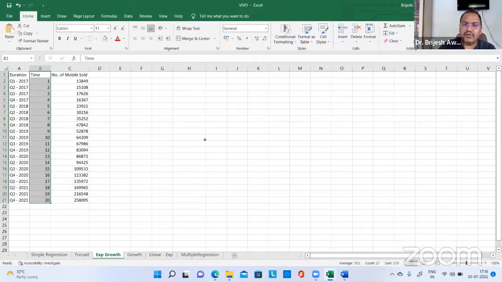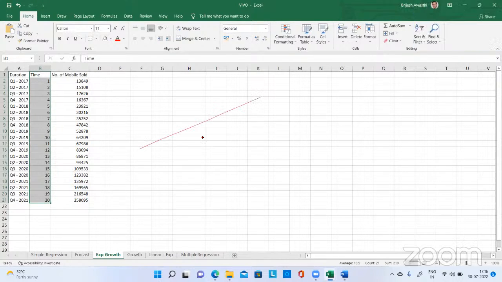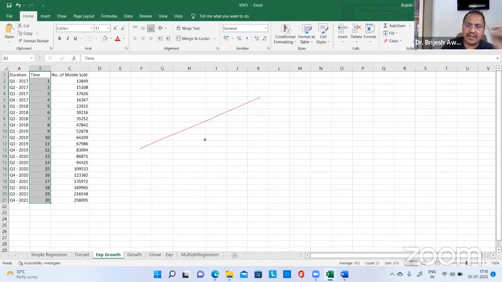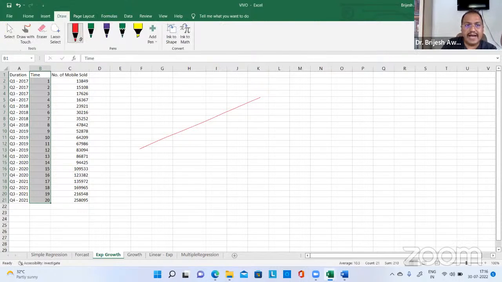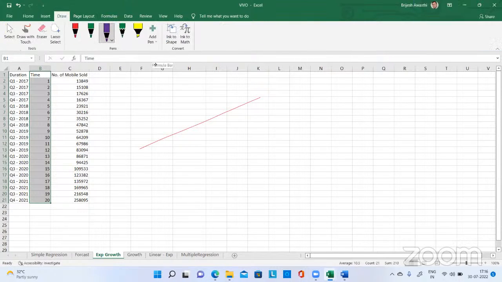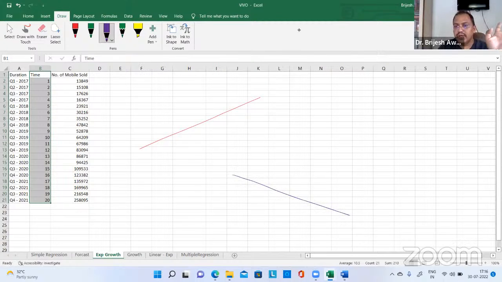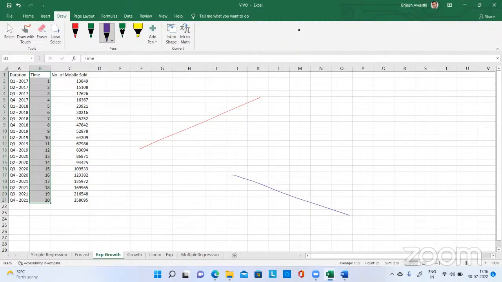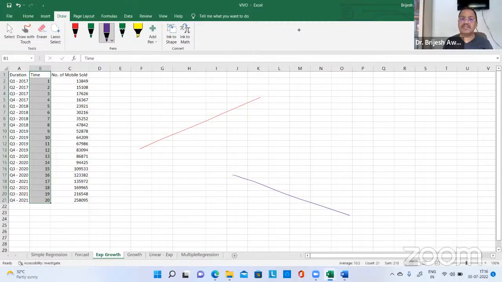And how will you find a trend? If you find a line, either incremental or zigzag like this, this is called a trend. It is not always like this; you will find an increasing trend, sometimes decreasing also. Right. So this is number one. Number two, you have to understand whether there is seasonality or not.